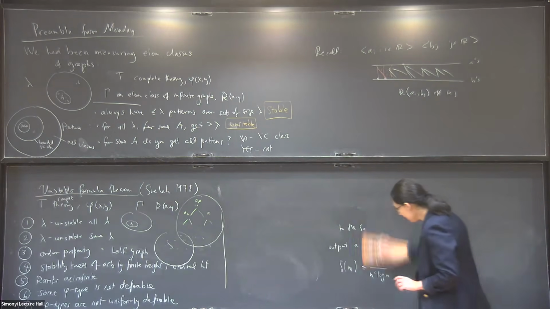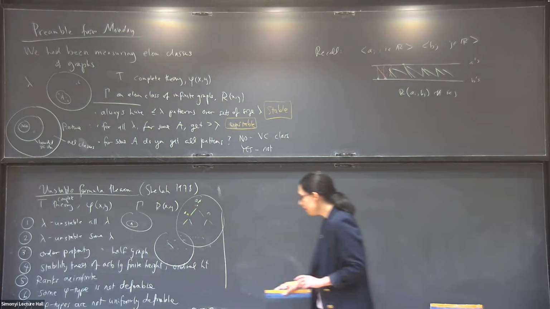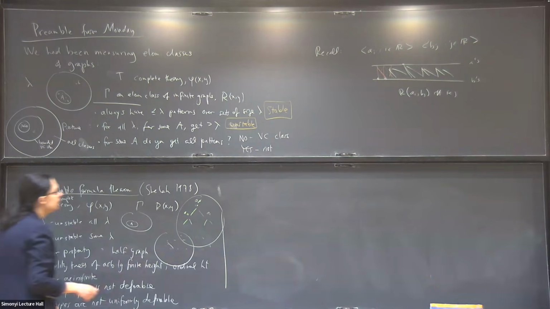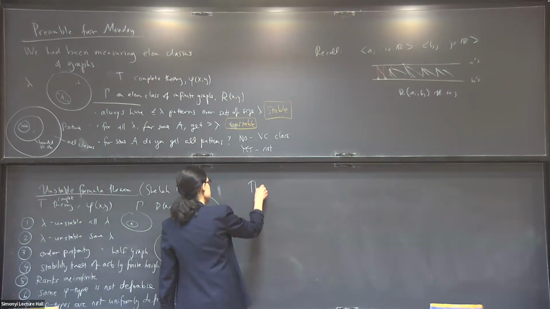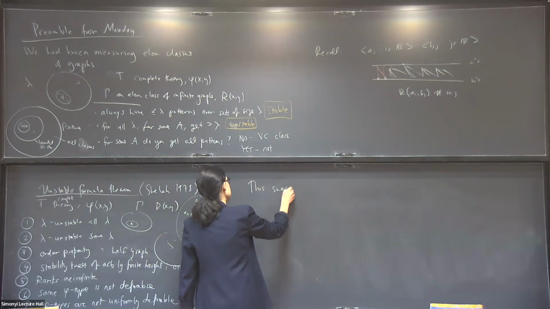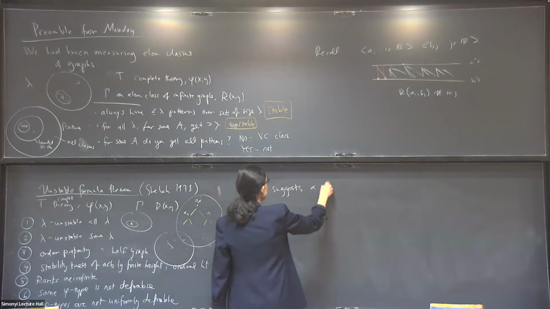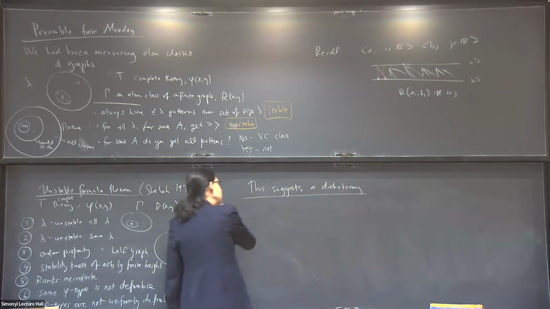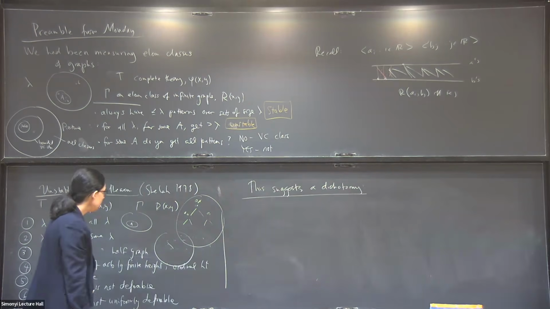Okay, so since I want to say a couple of other things, maybe I'll just wrap up this part of the discussion. So what this is telling us suggests a dichotomy, for theories, but perhaps also for hypothesis classes.